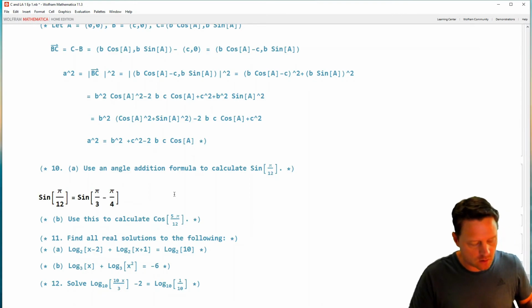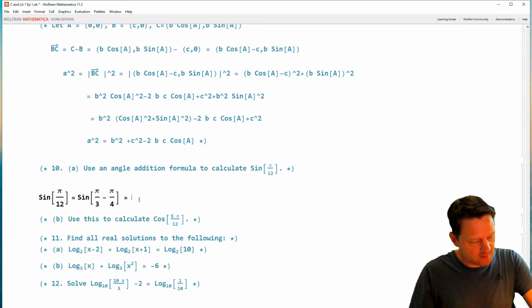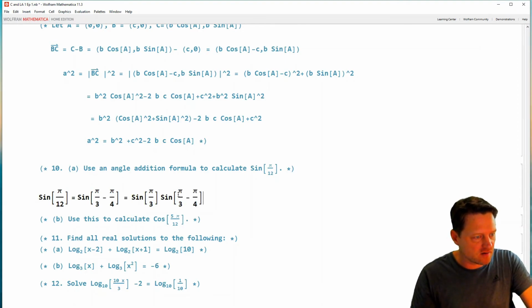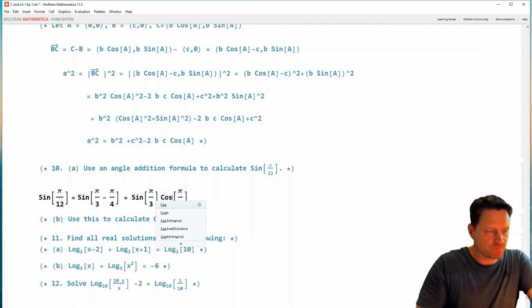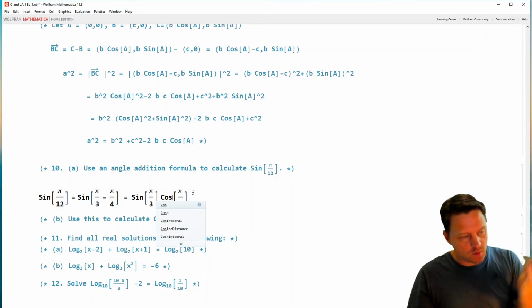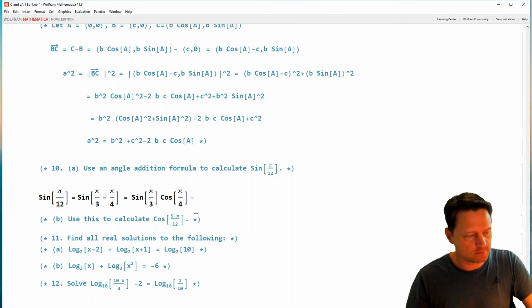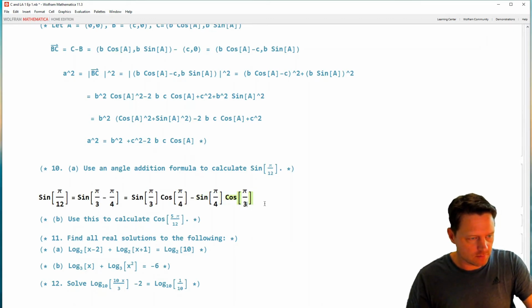So what we have then is sine of pi on 3, and then cos of pi on 4. So turn this into a cos, and then we swap these around, and it's a minus between them. So I'll change these. Yes, we swap the angles in those.